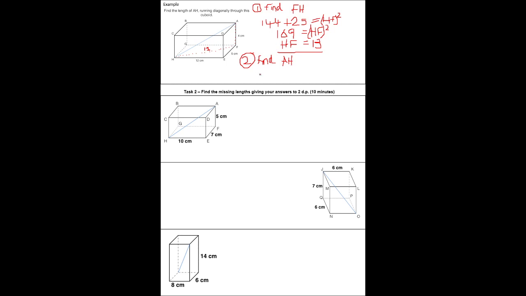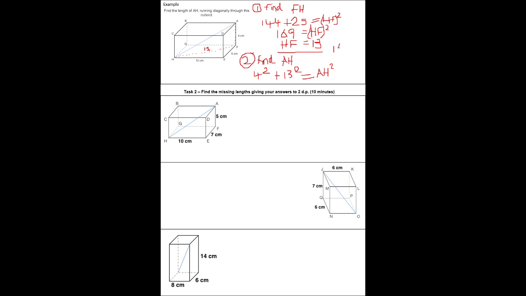Okay, so we can say that 4 squared plus 13 squared equals AH. I've kind of run out of space, but let's do this really fast. So 13 squared is 169 plus, sorry, that's the square of AH, isn't it? Plus 4 squared, which is 16. So that's going to give me 185.